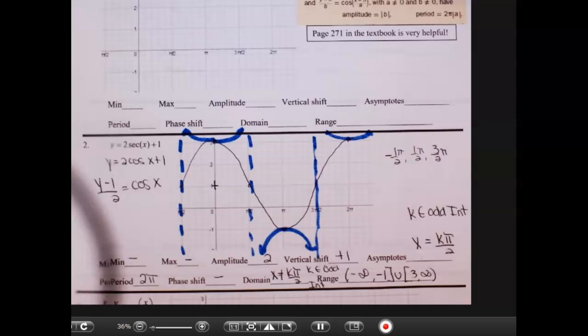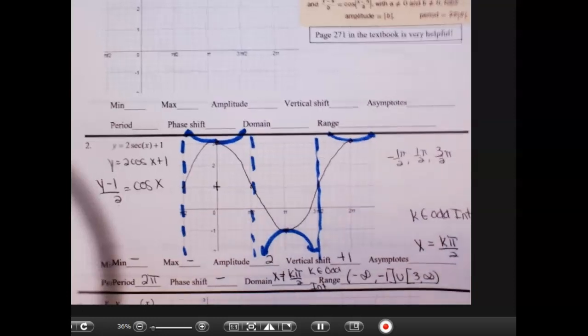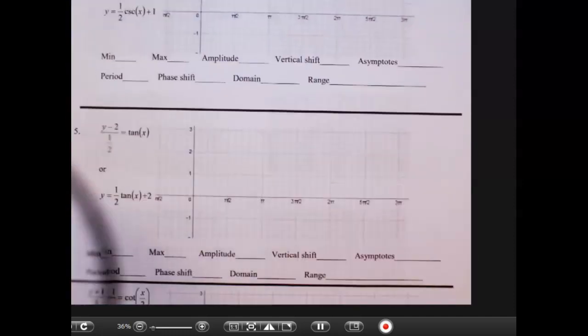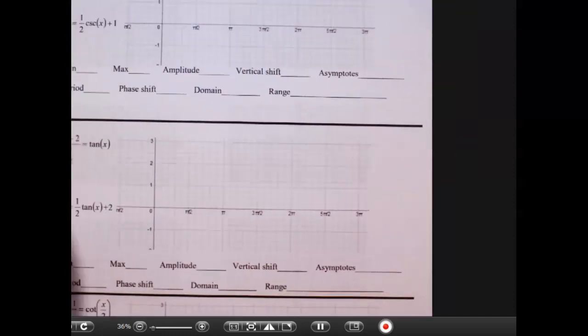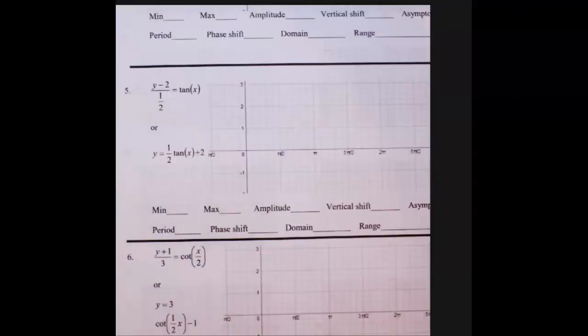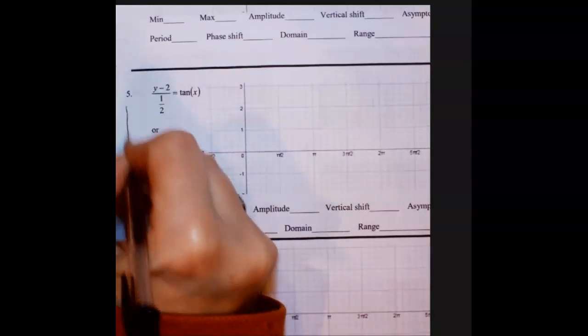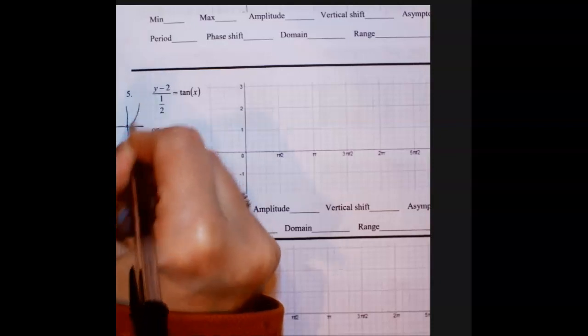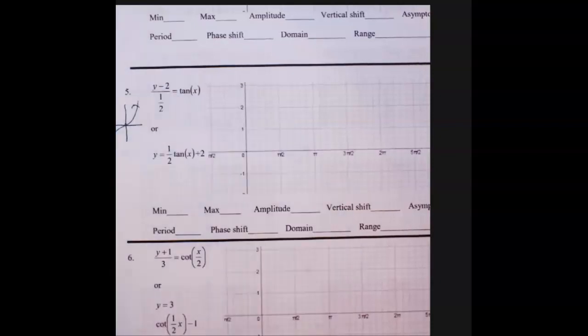Alright, let's see if we can find one on the back that's maybe a little bit more difficult. Take a look at number 5, the tangent graph. So just a super rough sketch. If this was my origin, this is roughly what the tangent looks like.